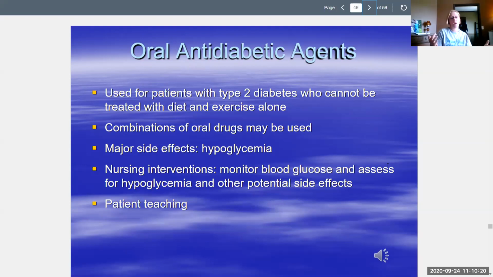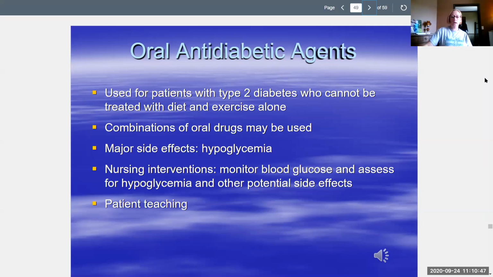But either way, all of our anti-diabetic agents are going to try to bring blood glucose levels down, regardless of their mechanism of action. And the major side effect for any of them is hypoglycemia. When we go through these slides, some of them do say that they don't cause hypoglycemia, but really they just have less of a risk of those hypoglycemic side effects.